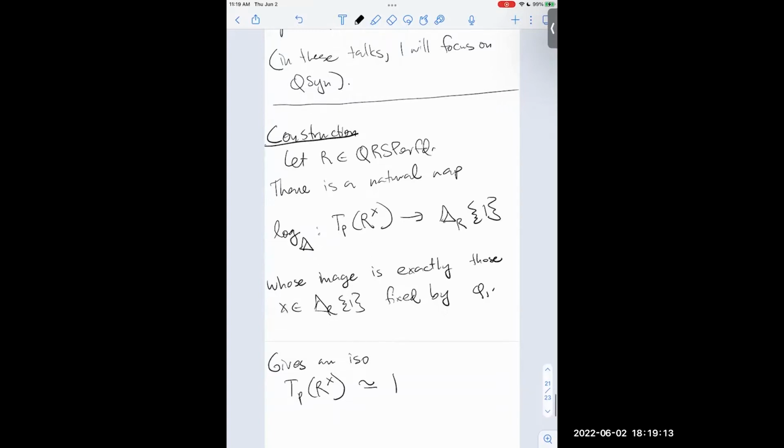So this gives an isomorphism between the Tate module of R cross and the syntomic complex of weight 1 of R. This is the basic tool for actually writing down classes in the syntomic complexes, which is that they come from the units in R.